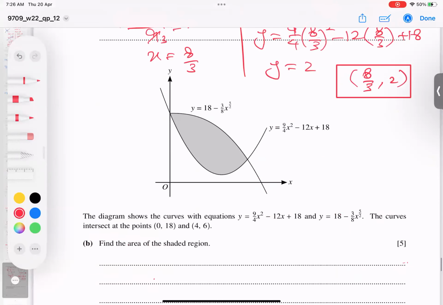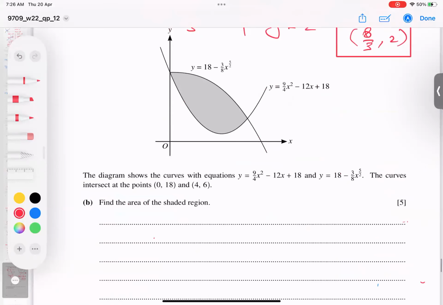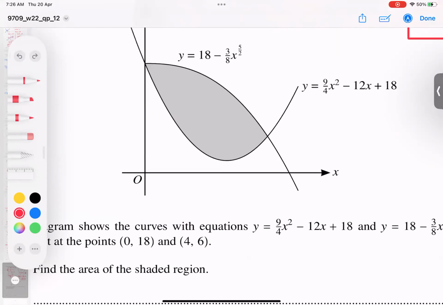Next question: he's asking that we have to find the shaded area. Before I start, look here. He said the curves intersect at these 2 points. So the x value for this point is 0, and the x value of this point is given by him as 4.